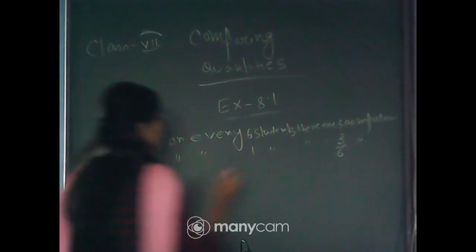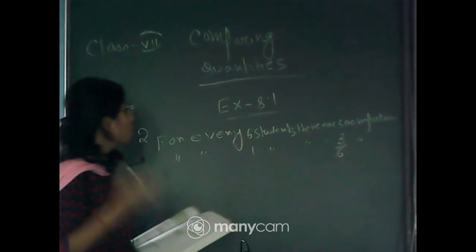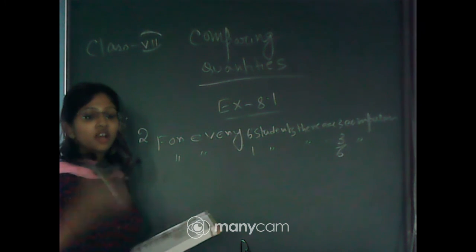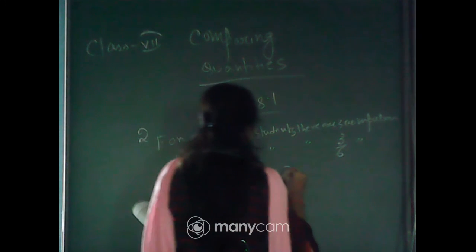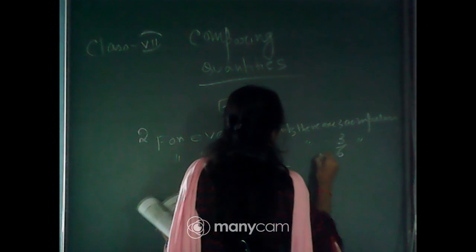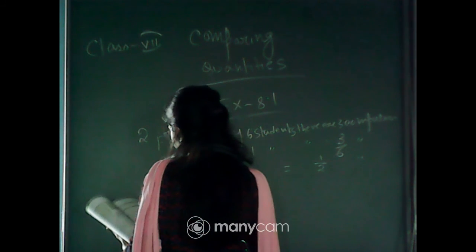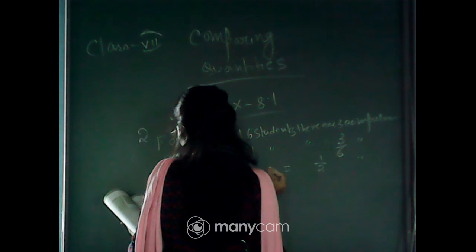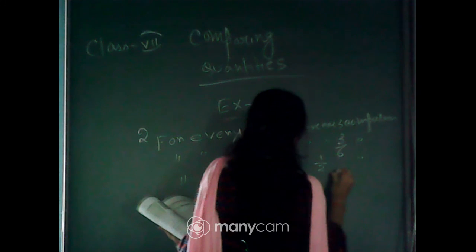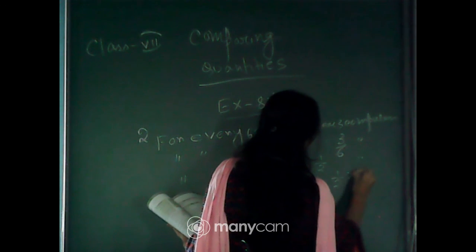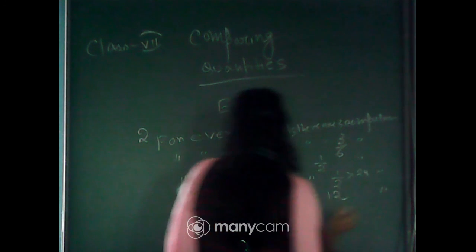Okay, that is equal to half. Therefore, for every 24 students, there are half into 24 computers, that is equal to 12 computers.